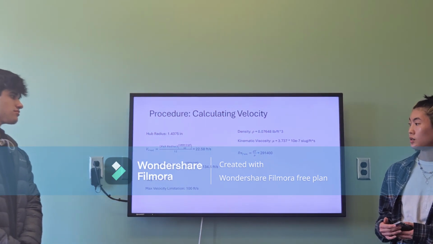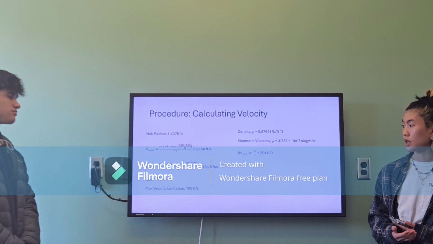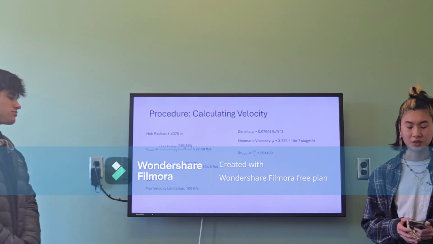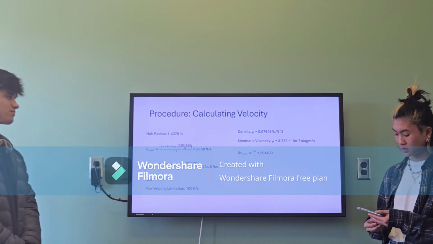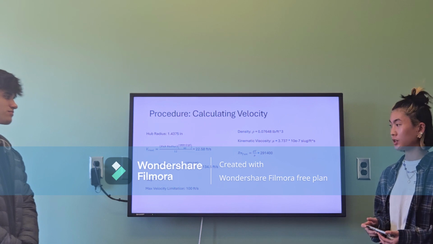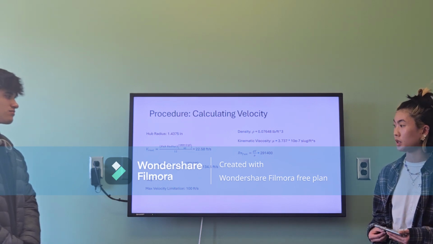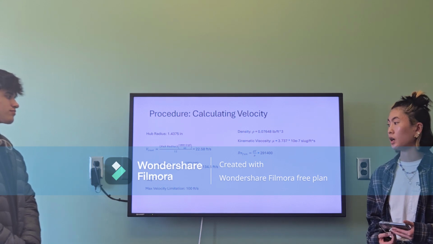So in terms of Reynolds number, we chose a Reynolds number based on the average velocity in the wind tunnel. We initially wanted to use the velocity of the tip.